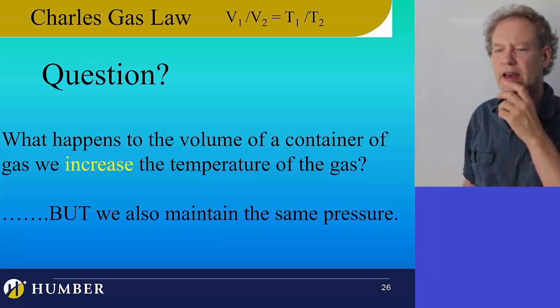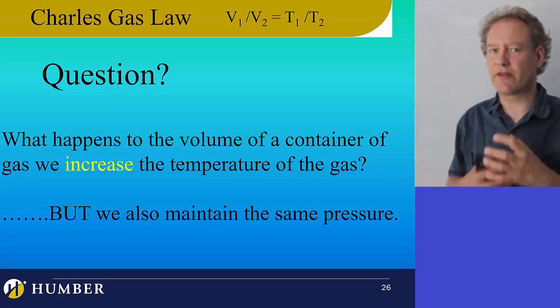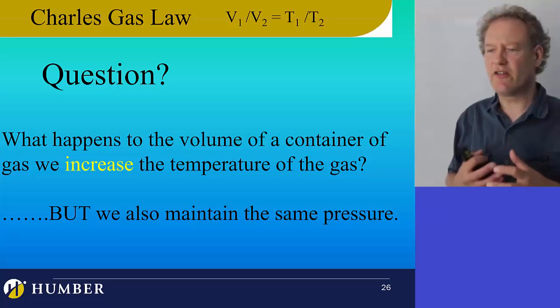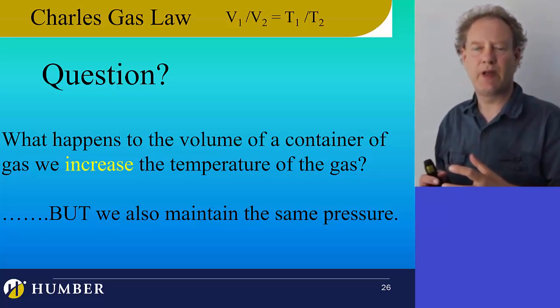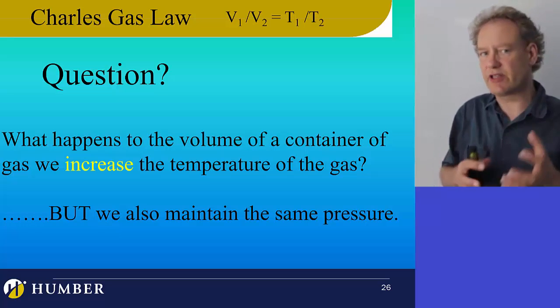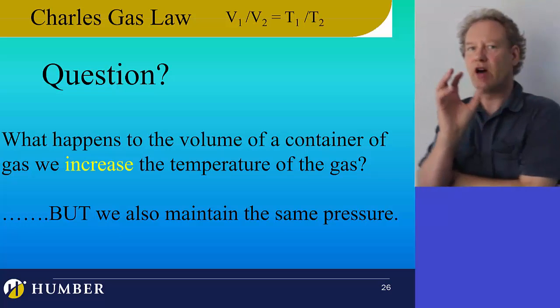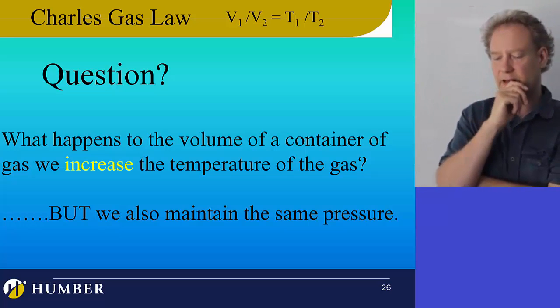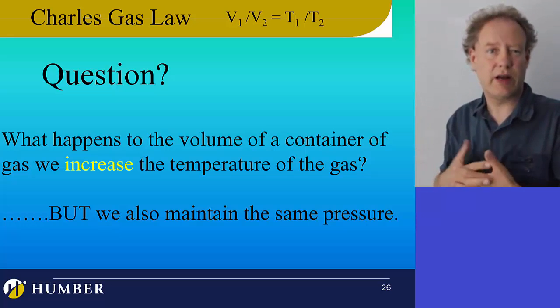Okay, let's take a look at Charles' law. Charles was a pretty cool dude, and it was kind of difficult for him to study this because he took volume and temperature and had to keep pressure the same. The best example I can talk about, and I talked about it in that video you can watch, is this: if you take a balloon that has a certain amount of pressure in it and put it in the freezer, what happens to it?